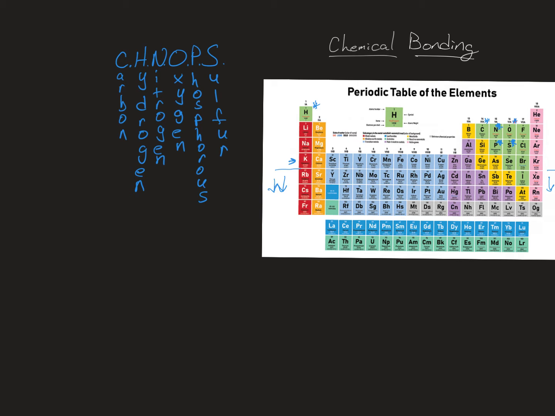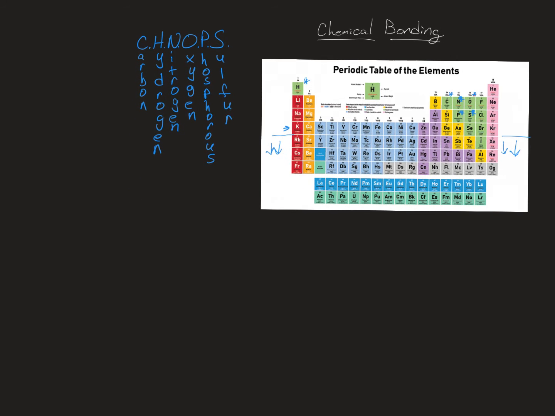So, those are the elements that every building block in your body is made of. Now, you should know that there are other elements that are important, of course, like chlorine and sodium, and usually they're ions.